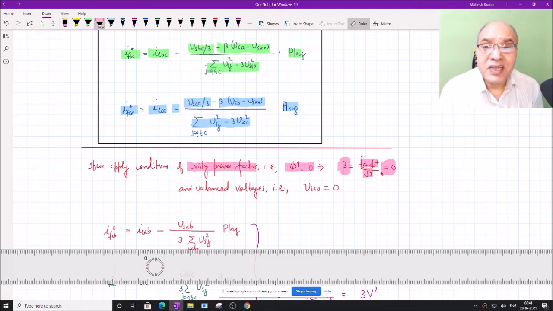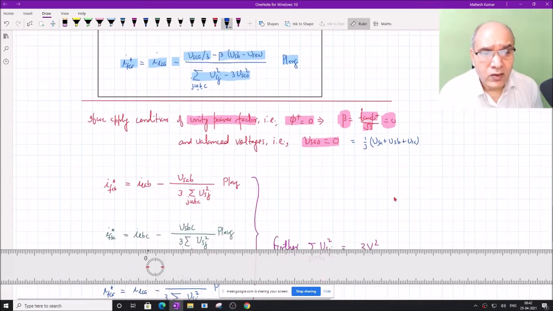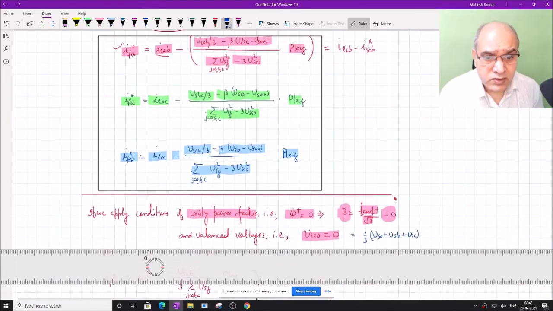And if the supply voltages are balanced, then VSA0, the zero sequence voltage, is equal to 0, because this is equal to 1 by 3 of VSA plus VSB plus VSC. Now we substitute this VSA0 as 0 and beta is also 0.